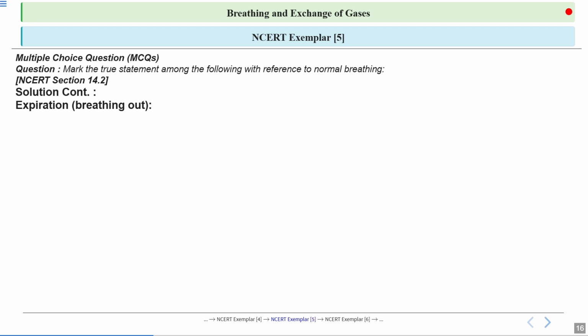Now expiration, what happens in expiration? Breathing out. This is a passive process because of natural muscle relaxation. Here for the relaxation no energy is required.